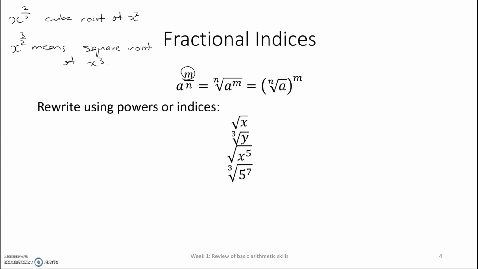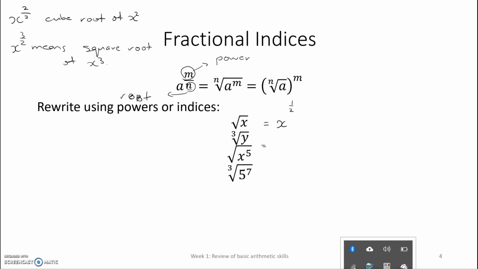So the top number represents the power and the bottom number represents the root. So it's the nth root of a to the power of m, and it doesn't matter whether you find the nth root and then take it to the power of m, or find the power and then take it to the nth root.